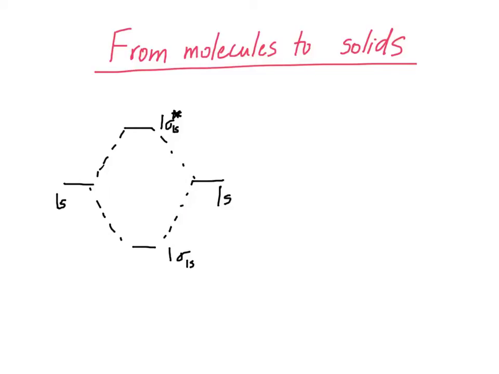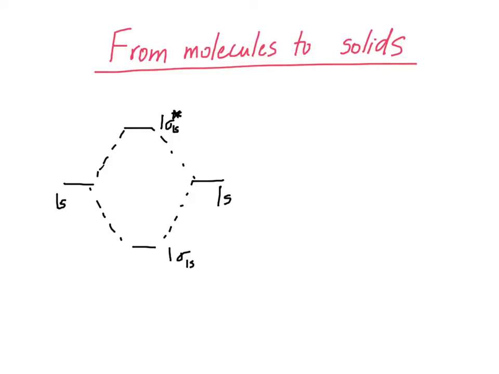They combine together in a bonding manner to create the 1 sigma 1s orbital that is lower in energy compared to the atomic 1s orbitals, and we also have the antibonding combination of the two 1s atomic orbitals, which we are labeling as 1 sigma 1s star, which is of course higher in energy compared to the two atomic 1s orbitals.